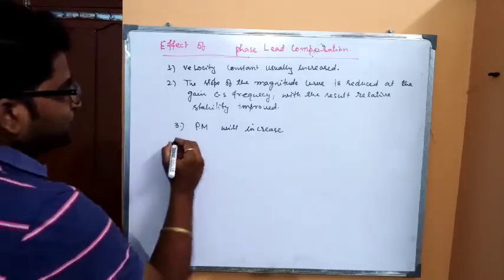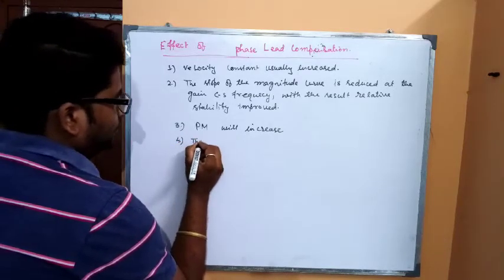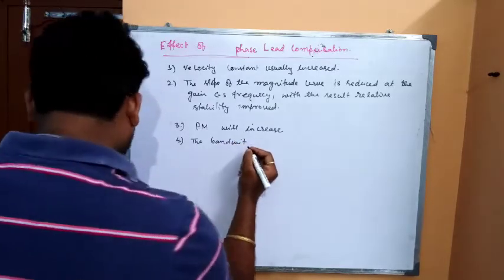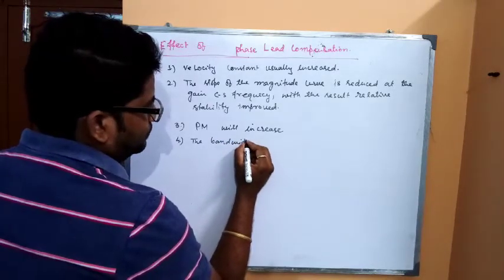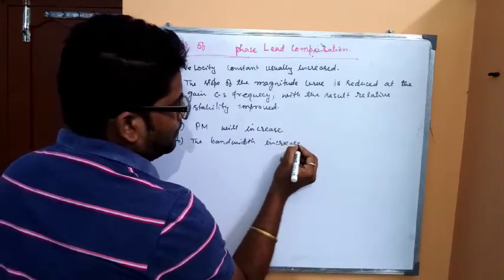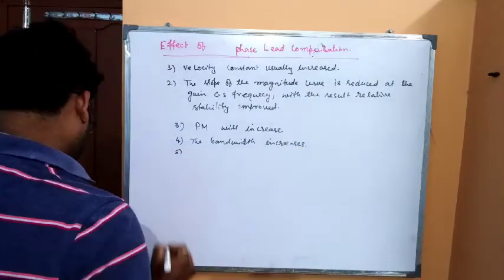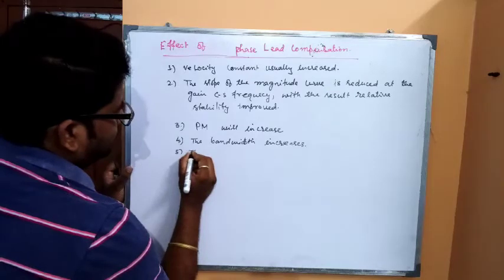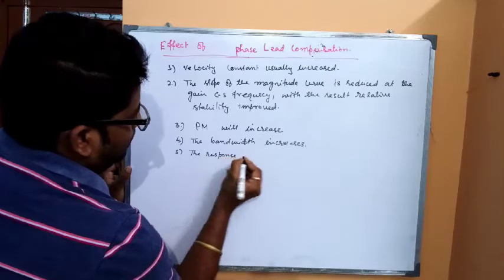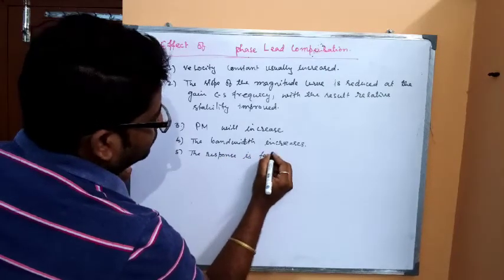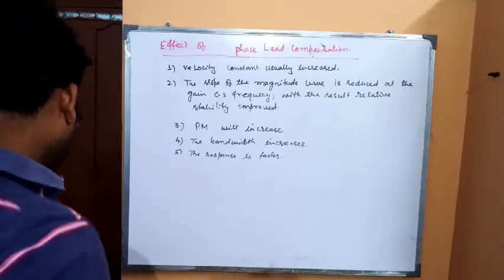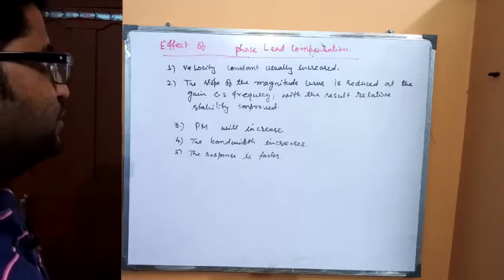The fourth point is the bandwidth also increases. The fifth point is the response of the system is faster. So these are the effects of phase lead compensation or phase lead network.